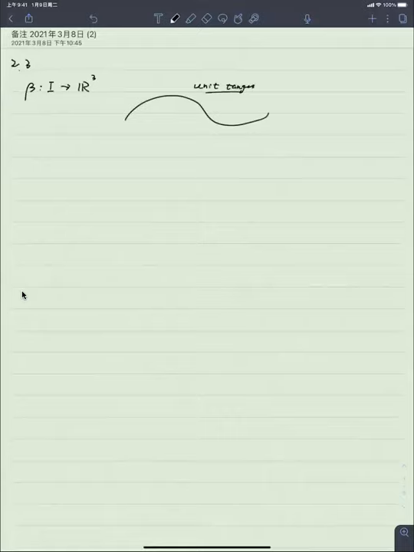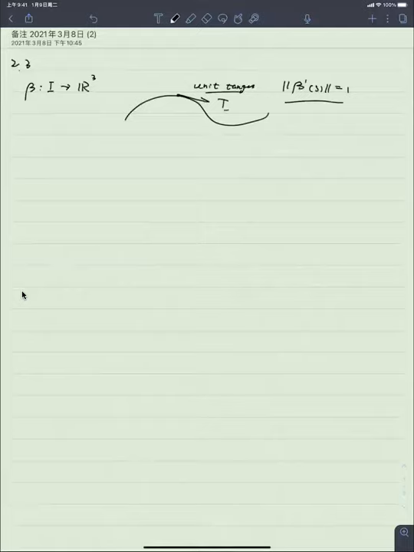So for each point, we have a tangent vector, and we assume the magnitude of the tangent vector is 1. This is our assumption. And this vector, we call it T, the tangent vector T. Since the magnitude of this vector is fixed, what we are interested in is the derivative of this function.